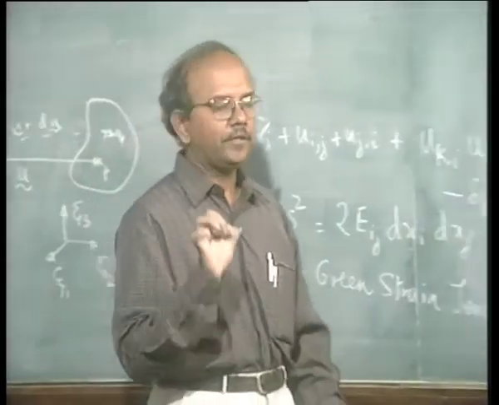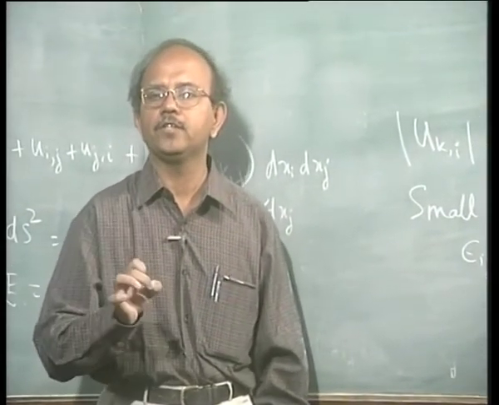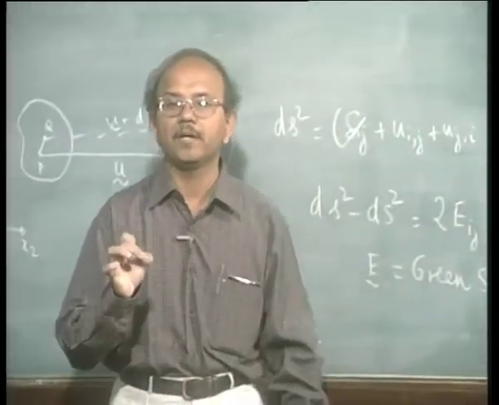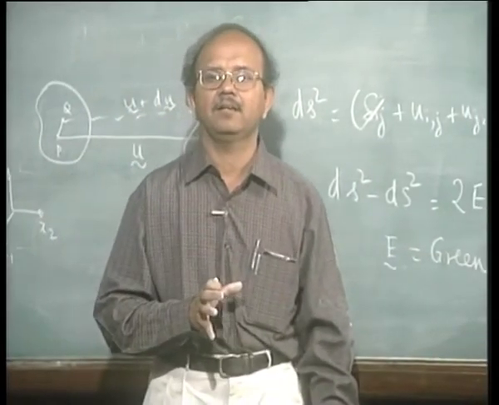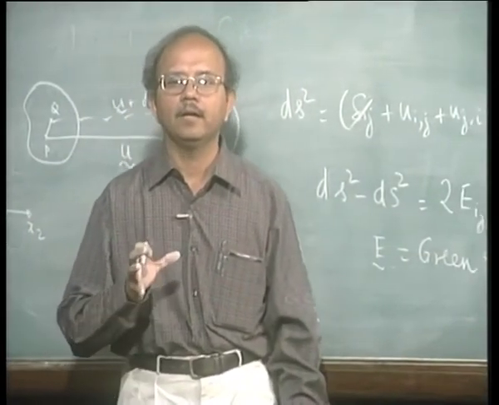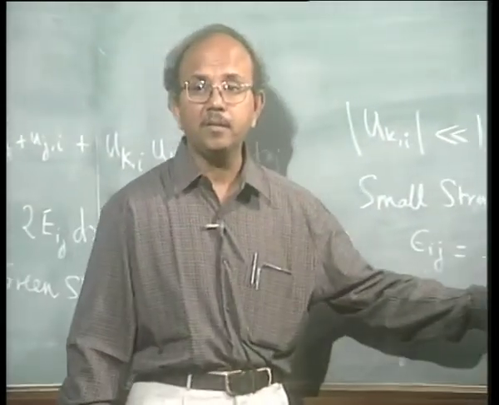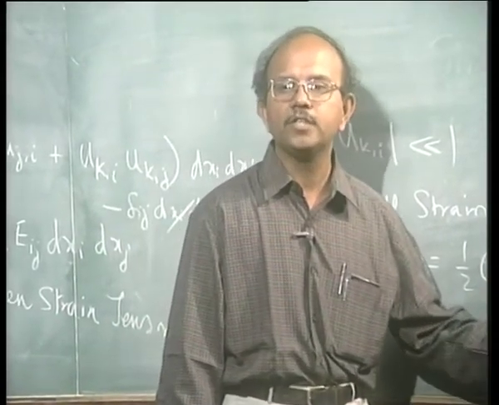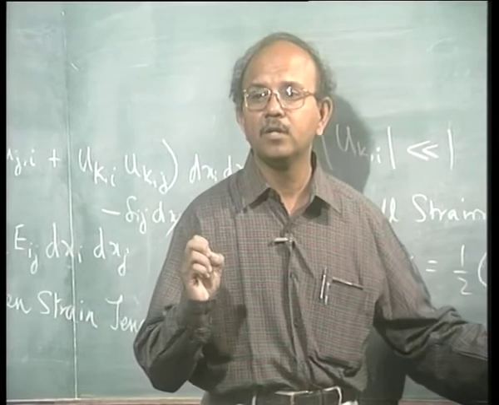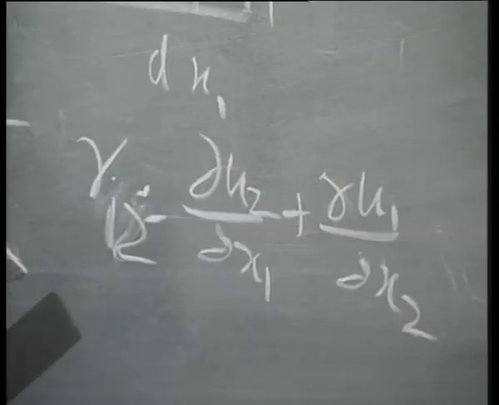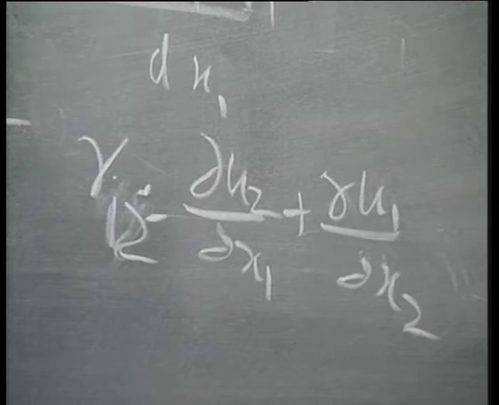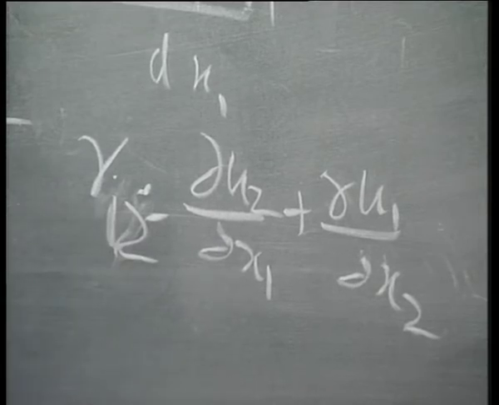In fact, we have deliberately introduced a half in our definition so that epsilon becomes a strain tensor. If not, we could have retained this. In fact, many books or many codes retain this, and it is important to find out whether you are working with gamma 1 2 or epsilon 1 2. The difference is half.